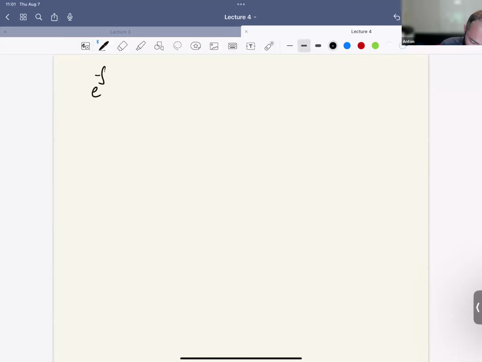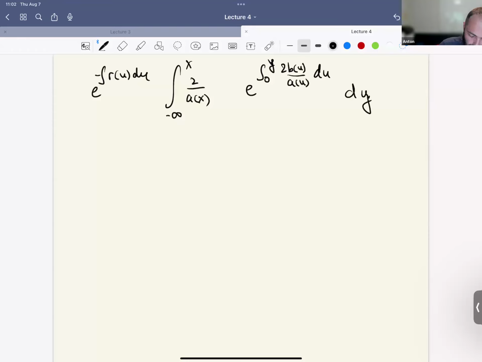We have e to the negative r of u du, negative infinity to x, 2 over a of x, e to the integral 0 to y of 2 b of u over a of u du, dy. And this is using again the same normal trick, e to the negative 2 over a of x.